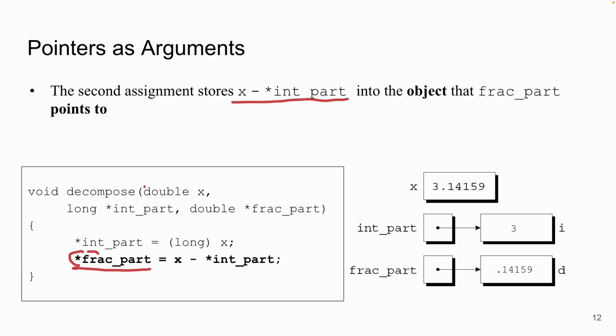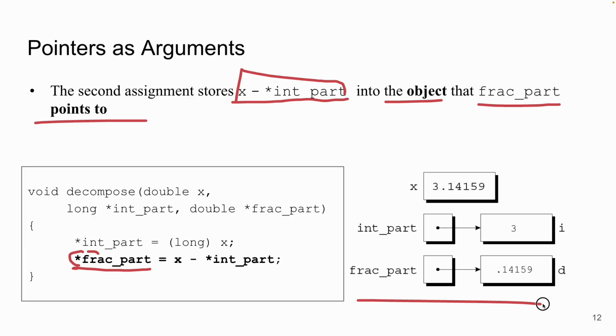So what we want to do here is assign the return value of this expression into the object that this pointer variable points to. And where does frac_part point to? Based on the figure we have here, it points to d. So what happens is that we just assign the return value of this expression to d.